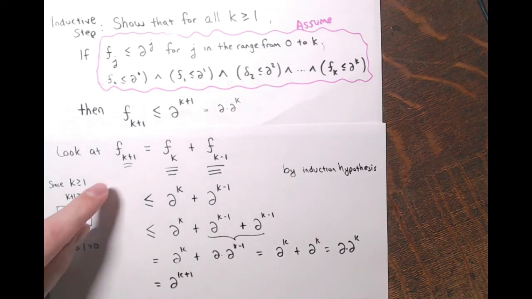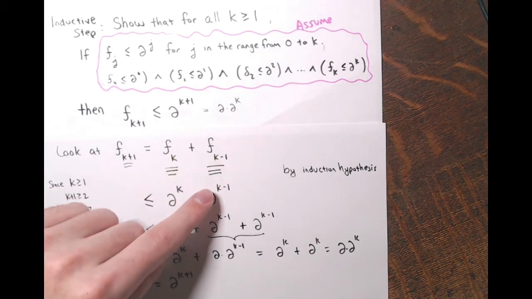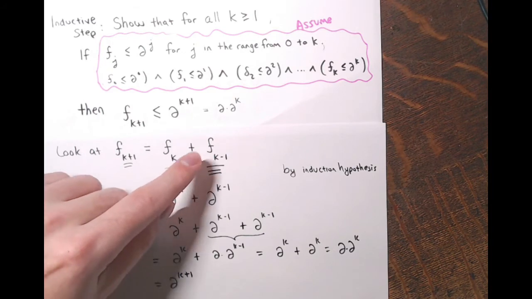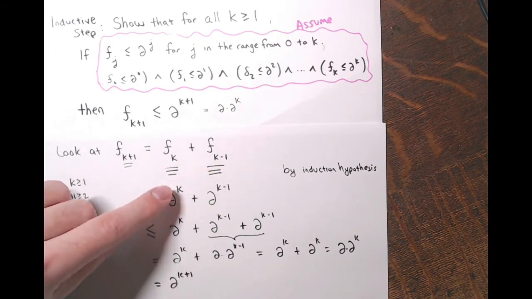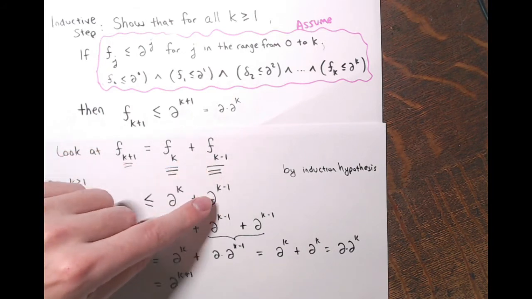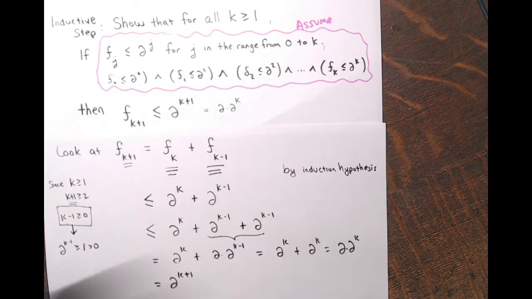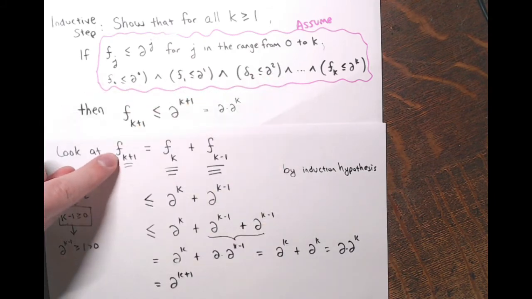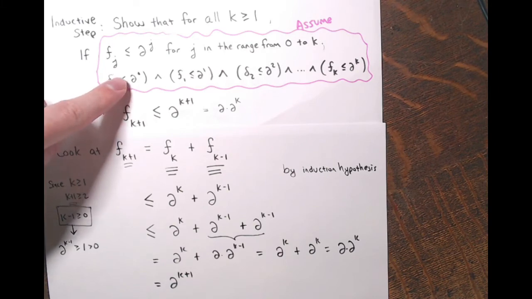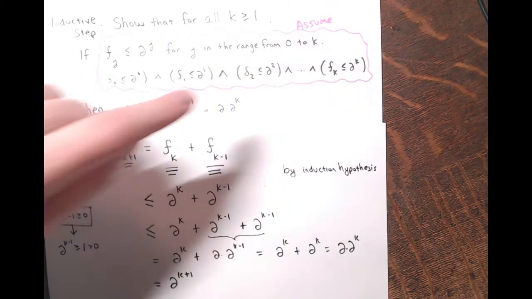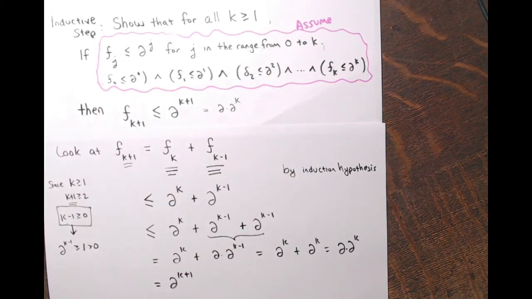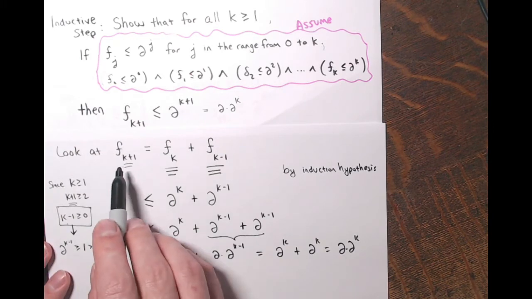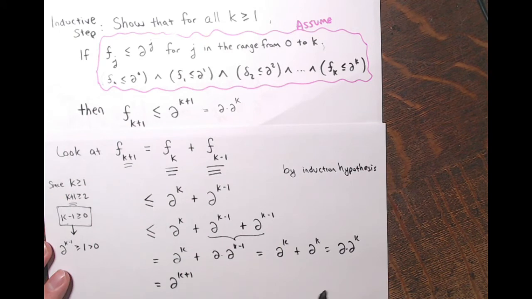So I've shown, by applying the induction hypothesis to both these terms, that f sub k is less than or equal to 2 to the k and f sub k minus 1 is less than or equal to 2 to the k minus 1. We have now shown that if the statement's true from 0 up to k, it's true for k plus 1. F sub k plus 1 is less than or equal to 2 to the k plus 1.